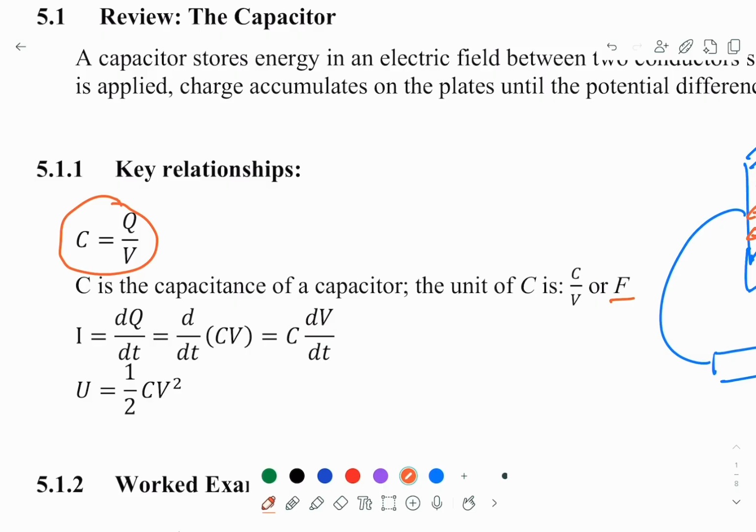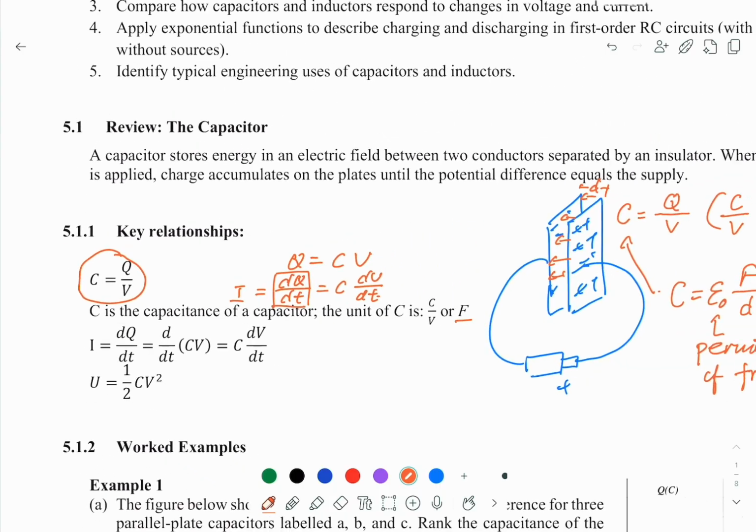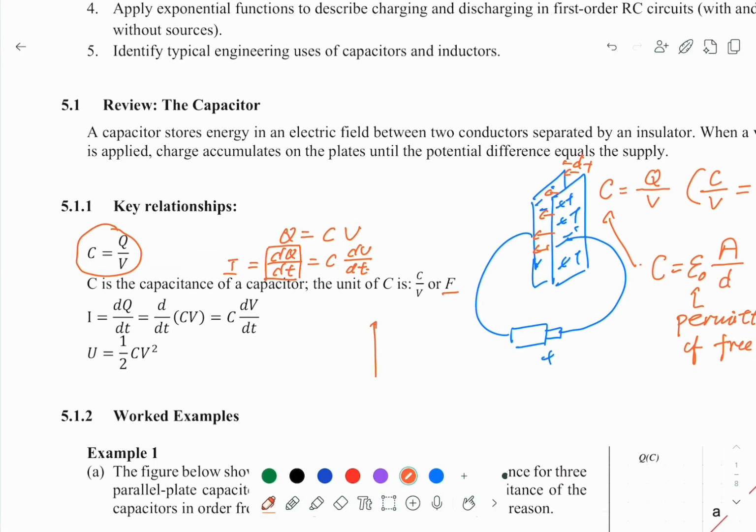Now if we rearrange the definition, Q equals CV, and we take the derivative on both sides, dQ/dt is, assuming C is a constant, C dV/dt. So dQ/dt is the current I. If you have a capacitor with a voltage V, the charge Q on both sides will be constant.